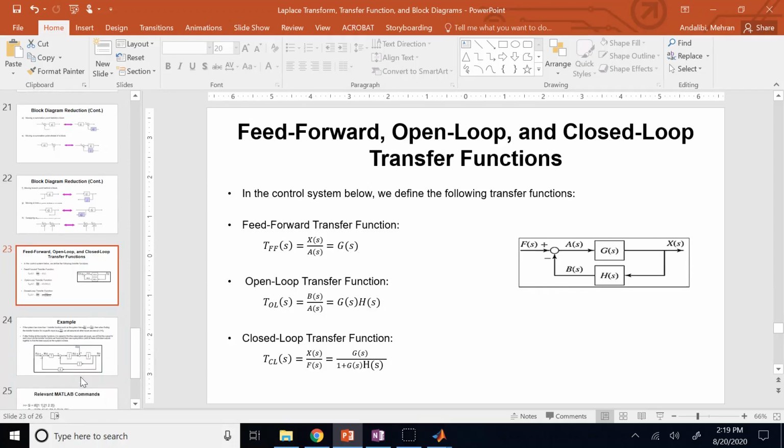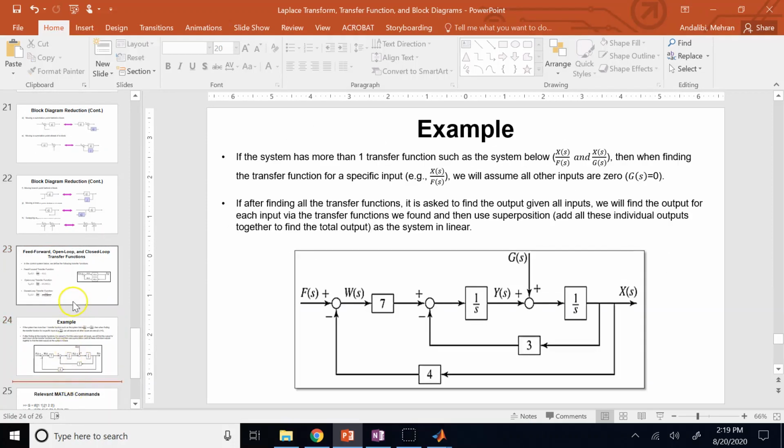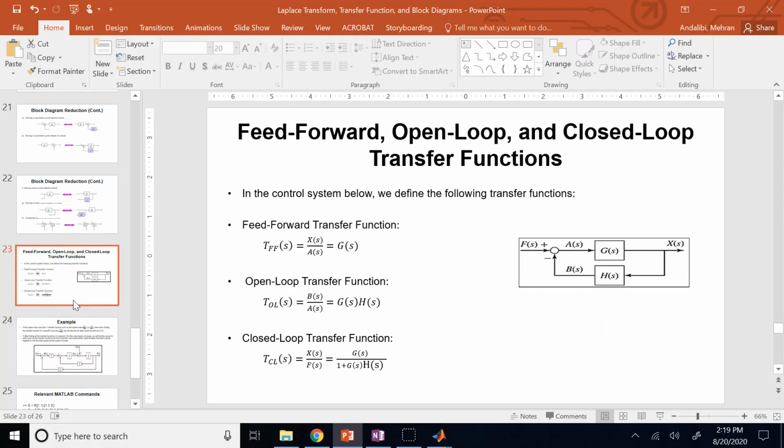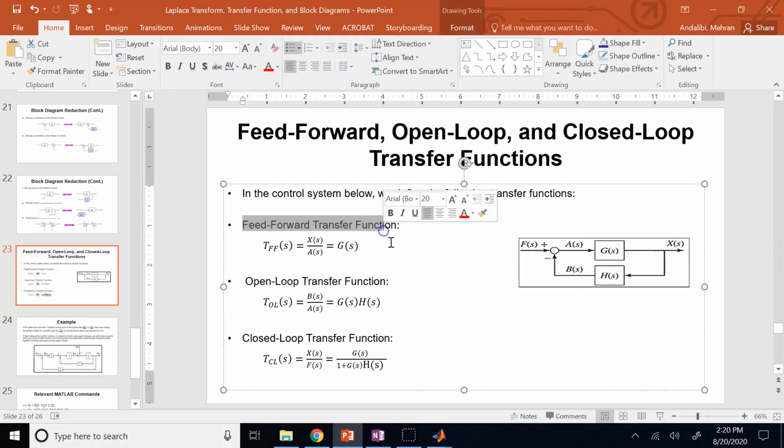Now, before we get into examples and relevant MATLAB commands, I want you to know three terminologies which are important. One, in this feedback loop here, we call G, which is directly between output and this error signal, this G only, the feed-forward transfer function.